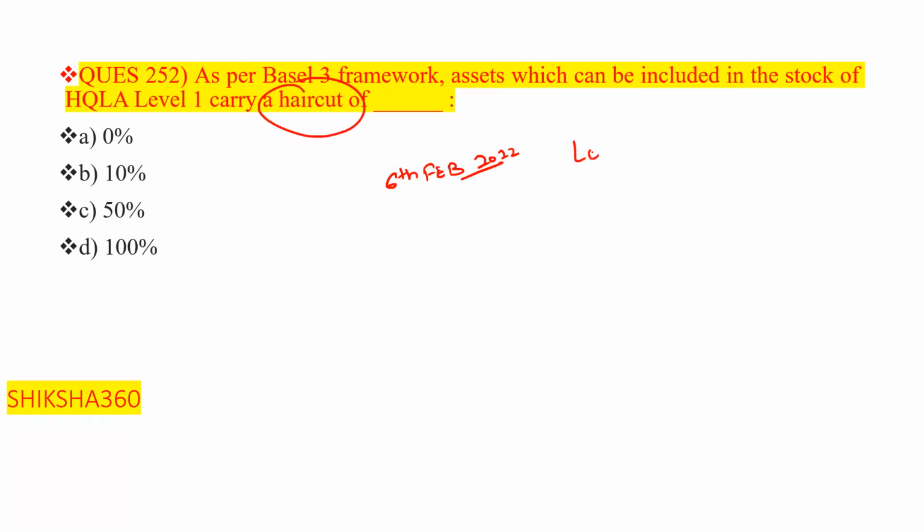Level 2 assets are divided into two parts, Level 2A and Level 2B. I think in the 11:15 AM set they asked a question on the haircut. As per the Basel III framework, assets which can be included in the stock of HQLA Level 1 carry a haircut of.